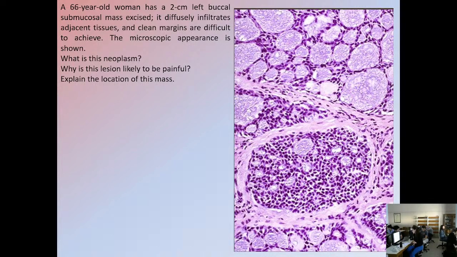That means the cells are deceptively benign. Why? Because they are not pleomorphic. So at first, you do not see that it's a malignant tumor because it lacks a basic feature of many malignant tumors, which is nuclear pleomorphism. Here is an exception to this rule.